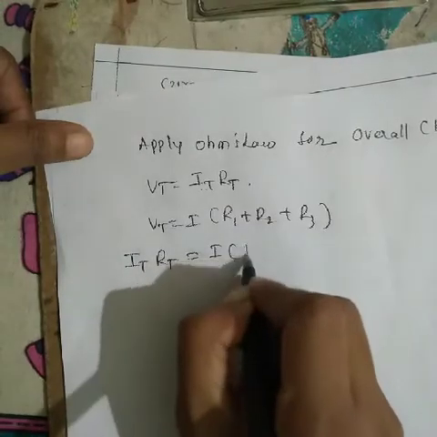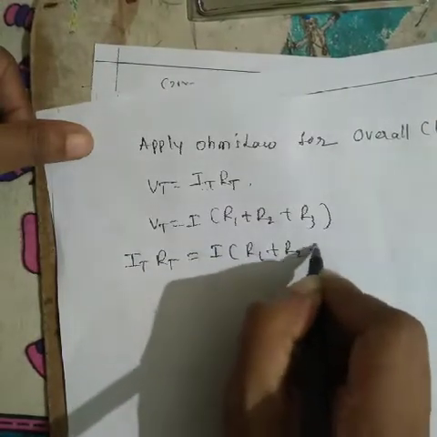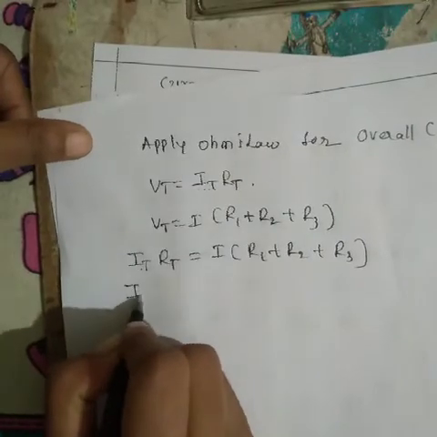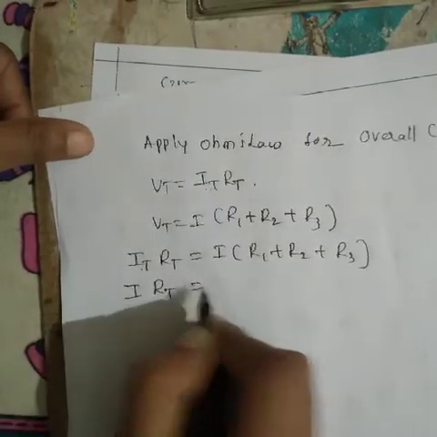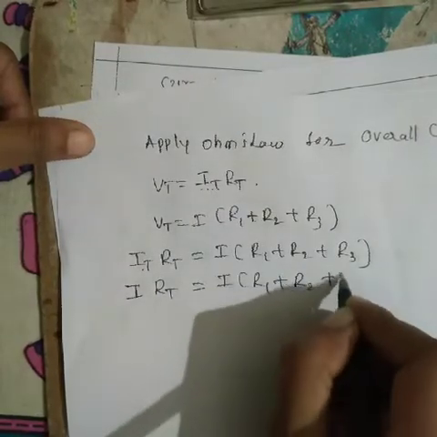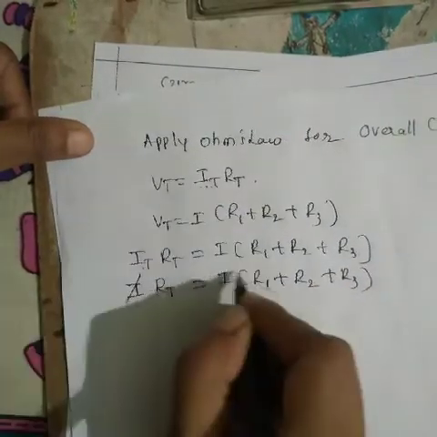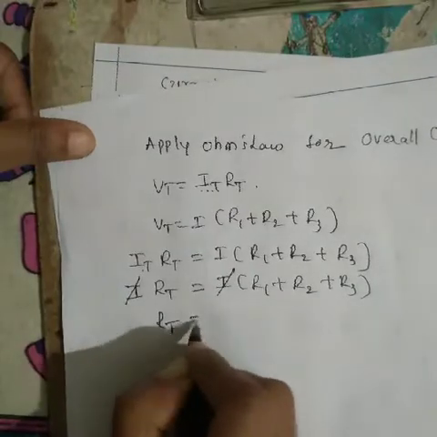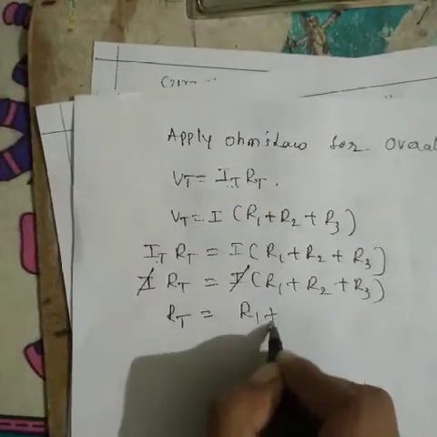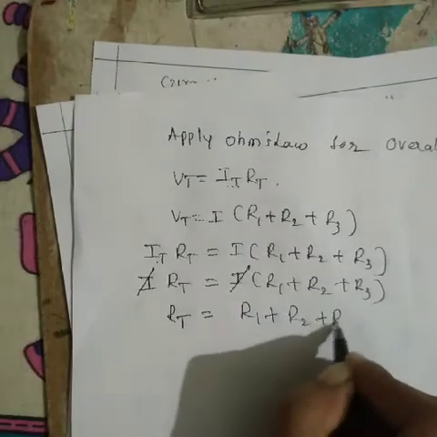Vt is nothing but I into Rt, which equals I into R1 plus R2 plus R3. This I will get cancelled. The total resistance for a series electric circuit is R1 plus R2 plus R3.